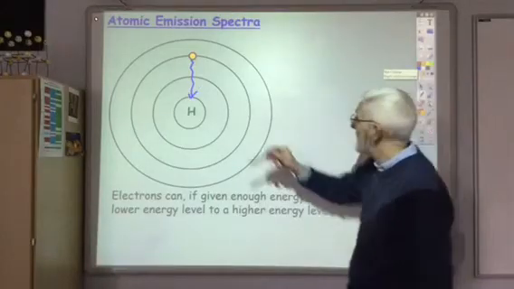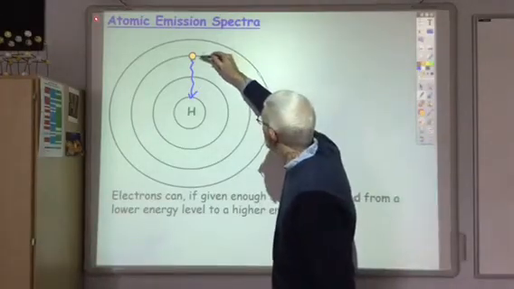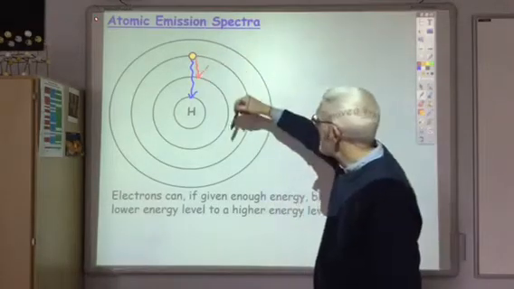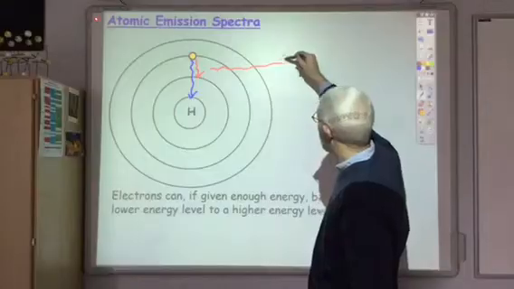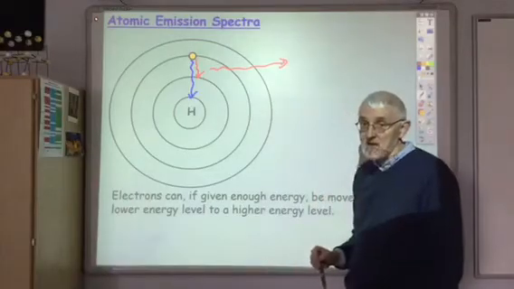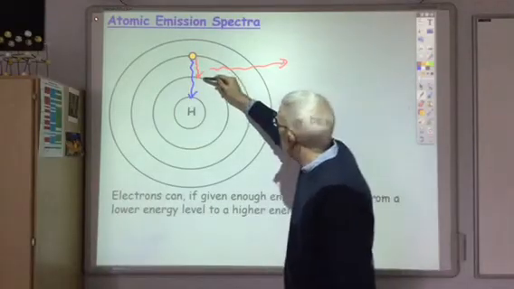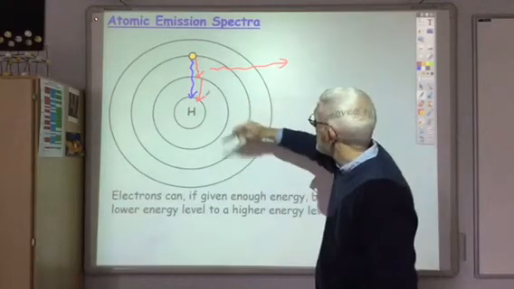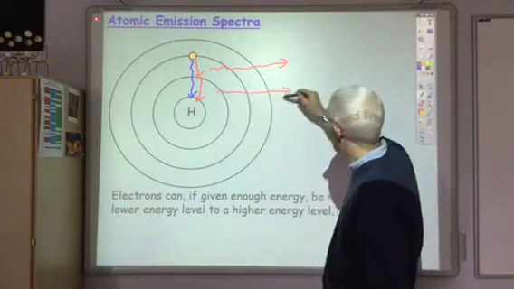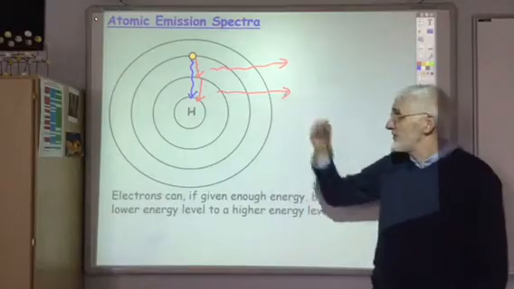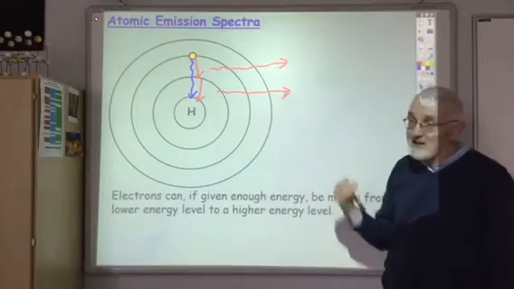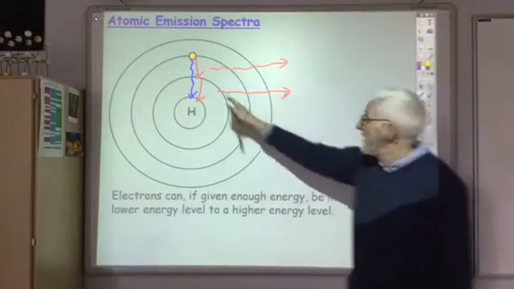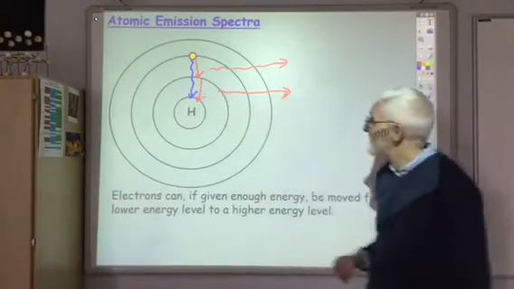Or sometimes it will fall back in two stages. Initially it will fall back to the second energy level, give out that energy as electromagnetic radiation, then it will fall back down to the first energy level and give that out. So from that transition you could get three different wavelengths of electromagnetic radiation given off: the blue one and the two different red ones.